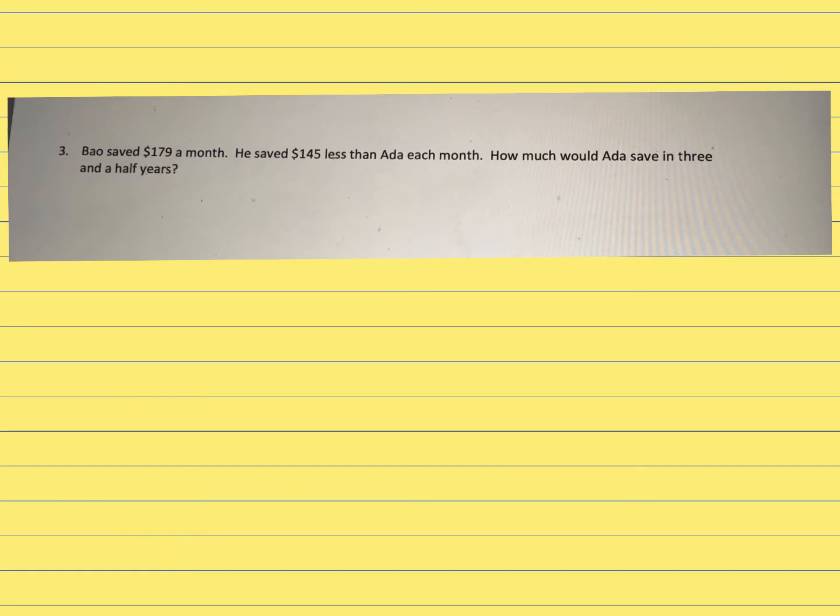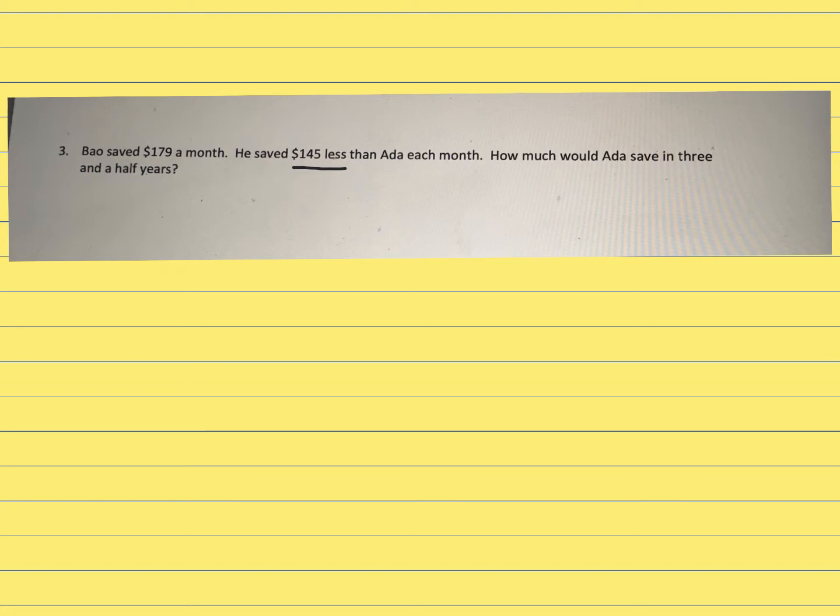Okay, number 3 is a little bit tricky. Bo saved $179 a month. He saved 145 less than Ada each month. So it means that Ada had more. Ada had 145 more than Bo each month.